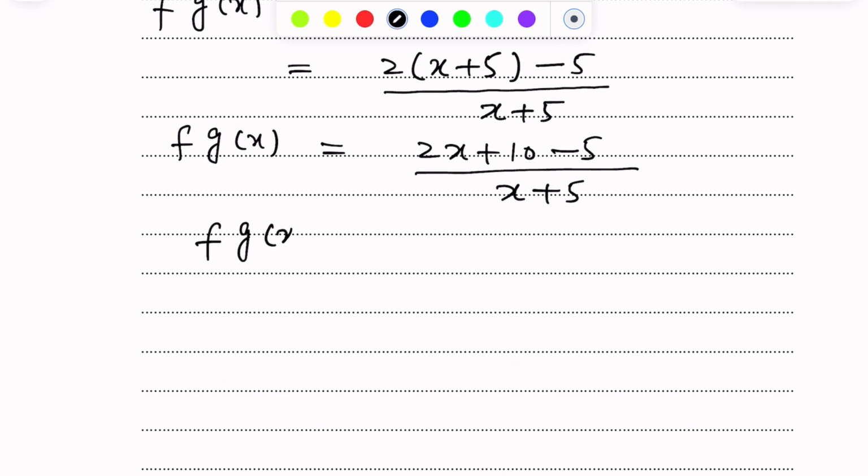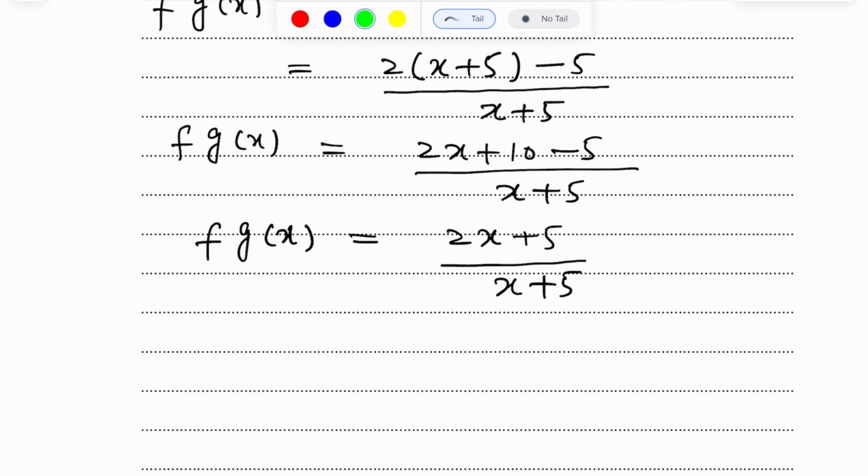Finally, we get fg(x) = (2x + 5)/(x + 5). This is fg(x), the composition of functions f and g.